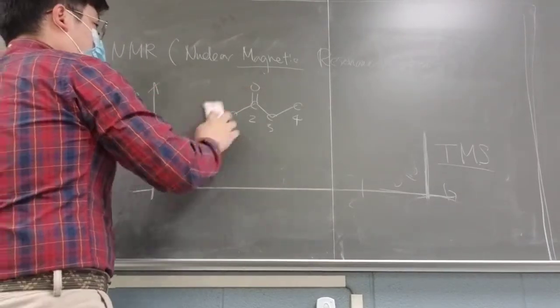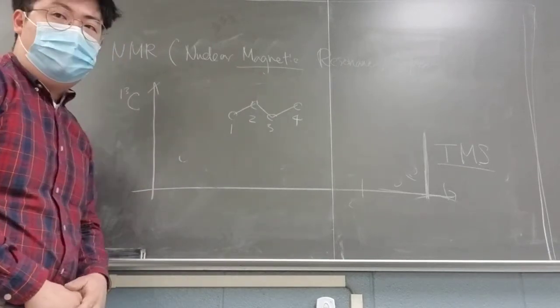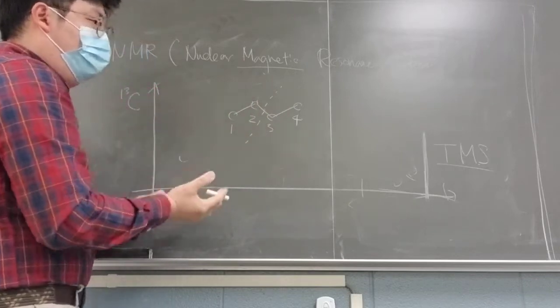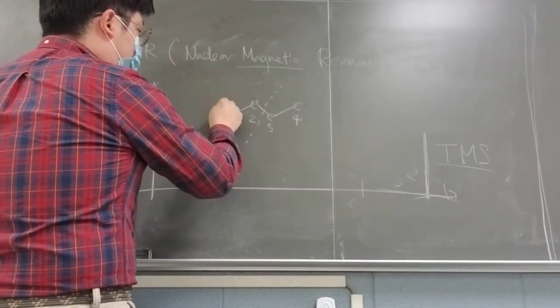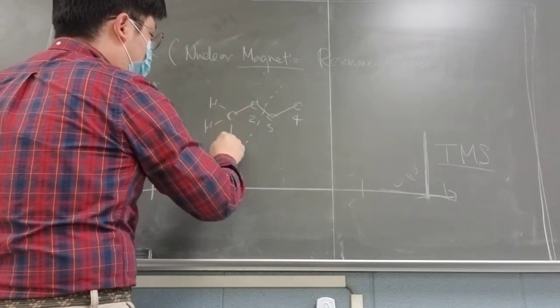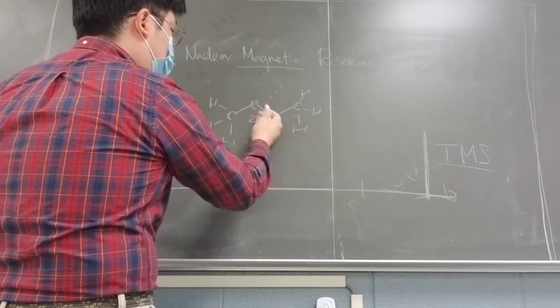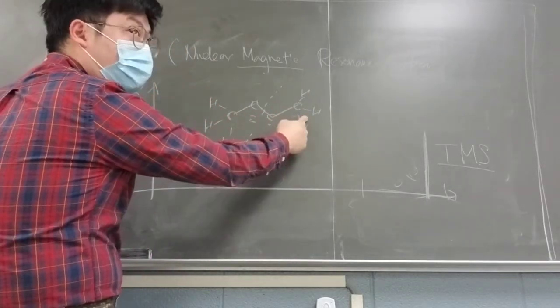So if there is no carbonyl group there, it's just butane, there are going to be only 2 signals because of this. You have 2 terminal carbons here, right?